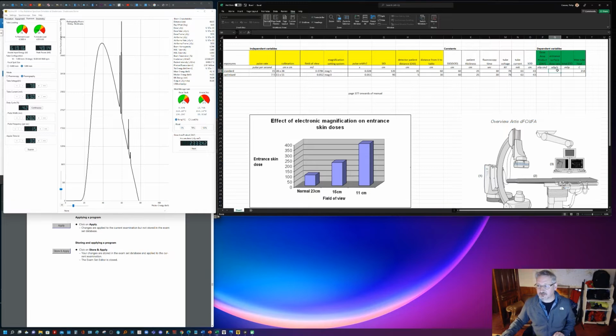Okay, so the entrance surface dose rate was 1.97 times 10 to the 5. So that equals 1.97 times 100,000.